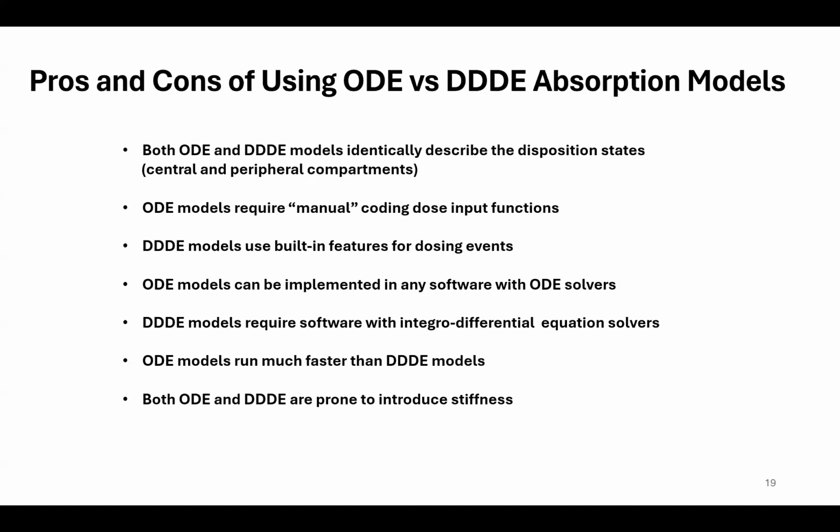And that becomes very frustrating with steady state data, which is typically modeled by coding quite a big number of dosing events until the steady state is reached, and that becomes troublesome.